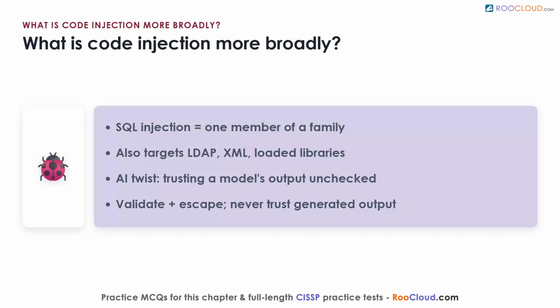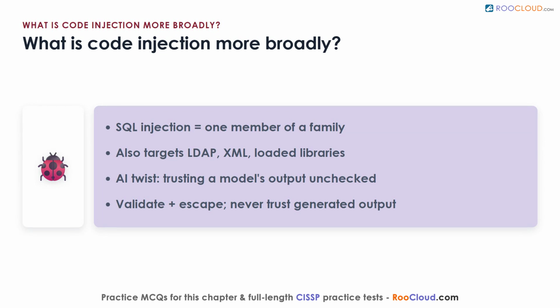What is code injection more broadly? SQL injection is just one member of a larger family called code injection, where attacker-written code slips into the developer's legitimate code. Any place that folds user input into executable instructions is a candidate. The same idea targets a directory service in an LDAP injection, an XML backend in an XML injection, or even tries to load a malicious dynamically linked library.